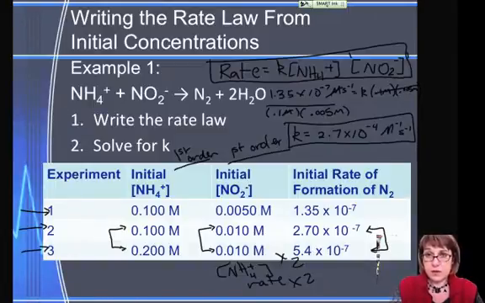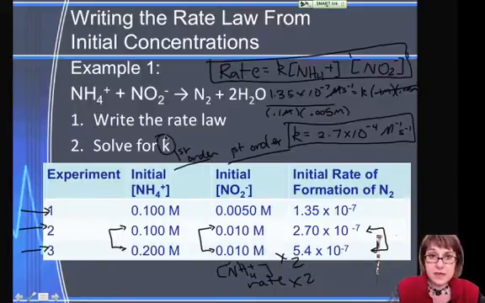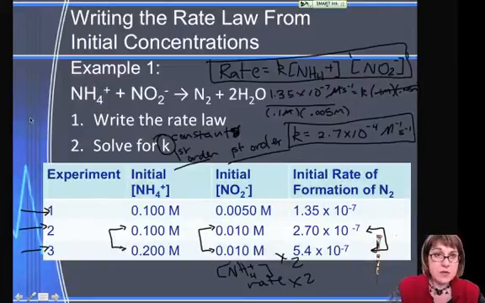You should all, by now, be familiar with this idea that k stands for constant, because constant starts with k. But this one's different from the equilibrium K. In equilibrium, the K is capital, and in rate laws, it's lowercase.